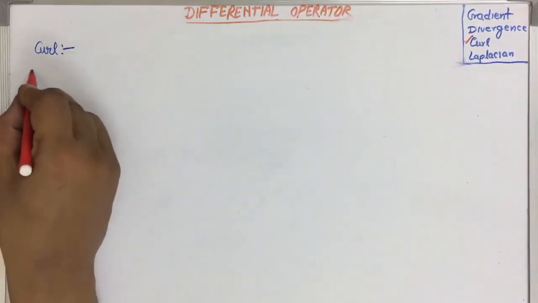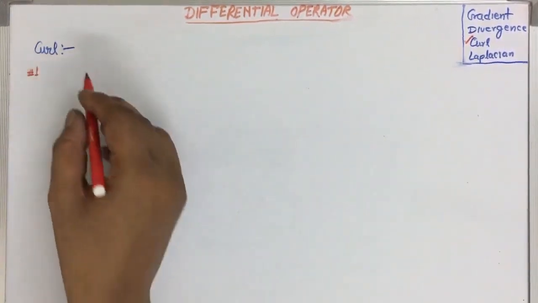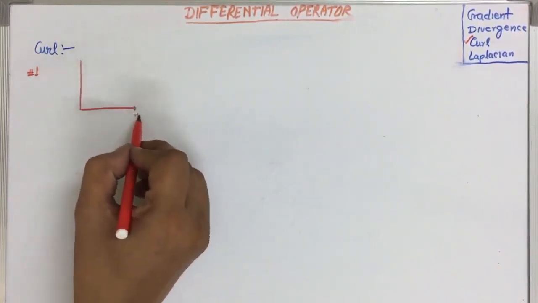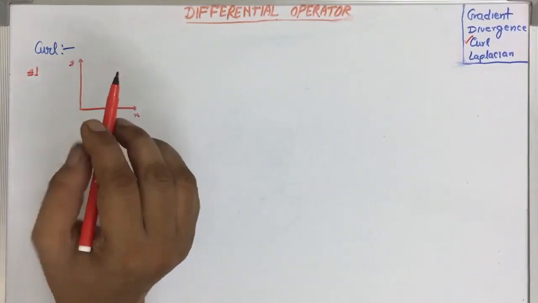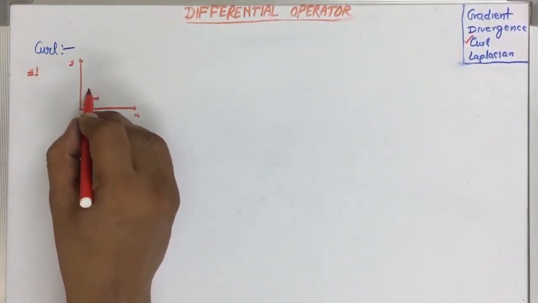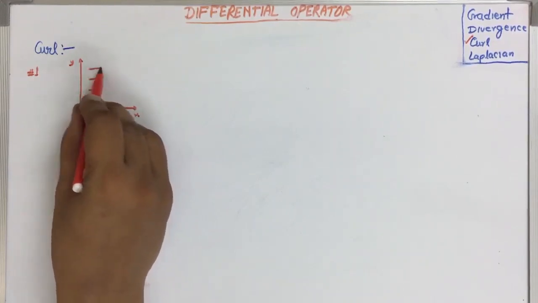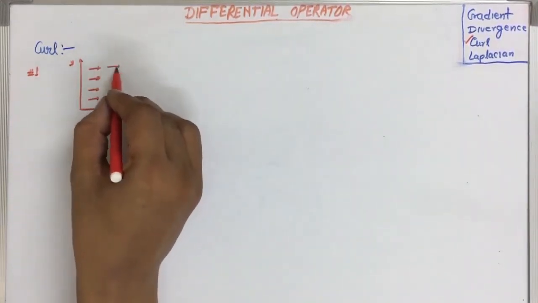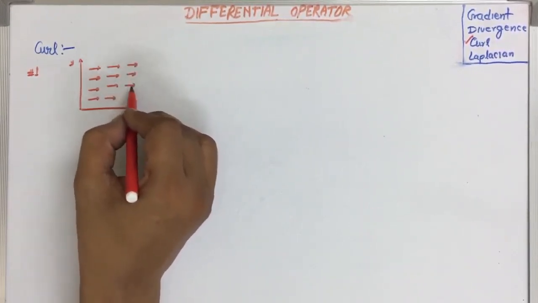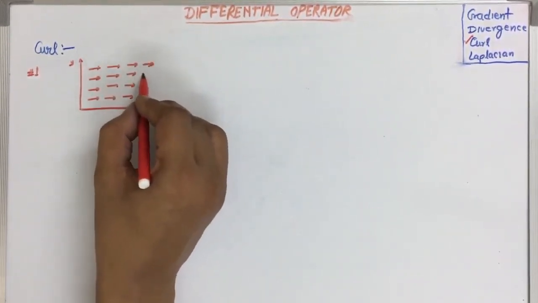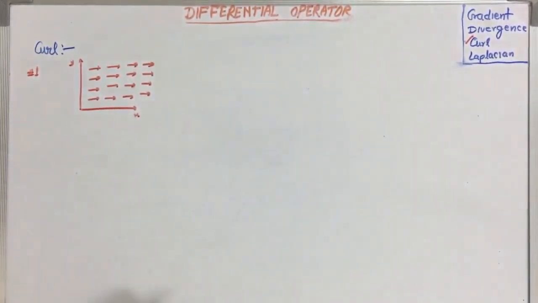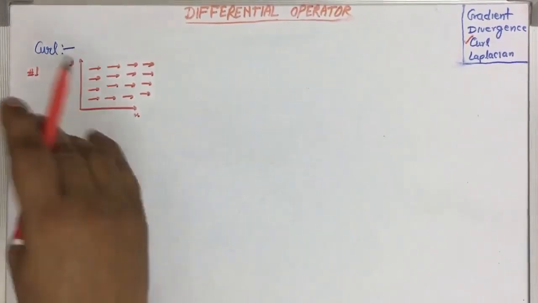Consider an example where the coordinates are x and y and the field is changing in these coordinates only. This is the field, it remains constant in the direction of x and it doesn't have any changing nature in the direction of y.